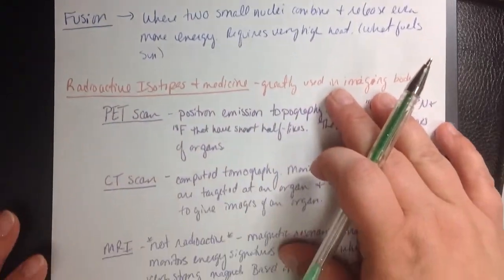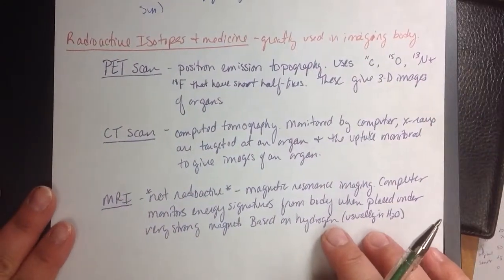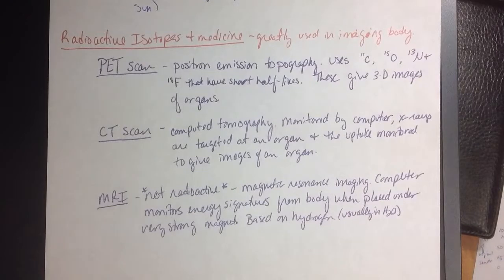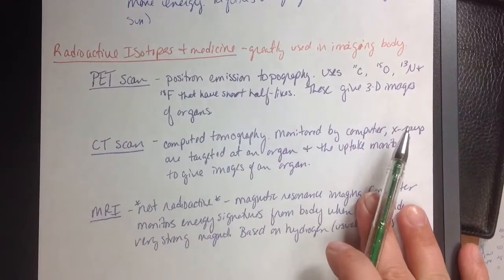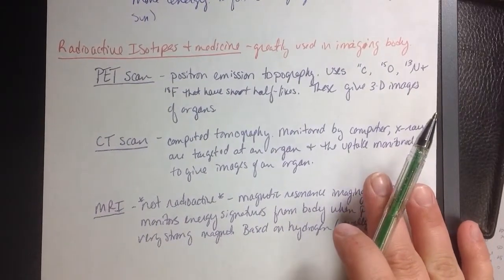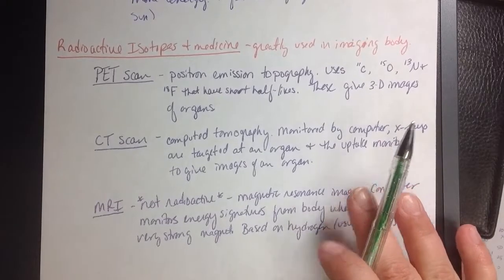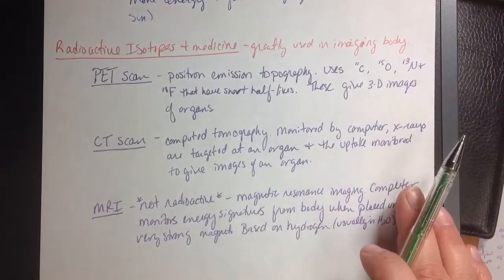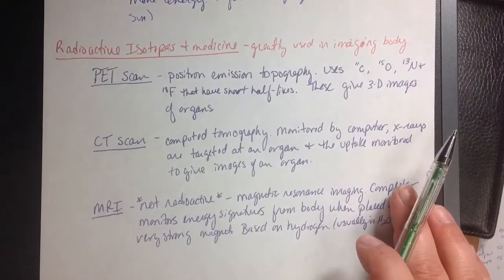Now, radioactive isotopes can certainly be used in imaging. If you've ever had a CT scan, MRI, or PET scan, those types of things are imaging, but really PET scans and CT scans use more of the radioactive type of things. Also, radiation would obviously use radioactive isotopes.